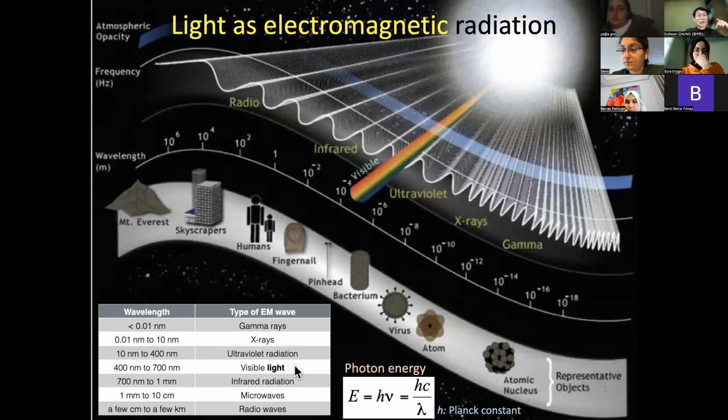And when the wavelength gets longer, we call it infrared radiation. And microwaves, where the wavelength can even be centimeters. And radio waves, where the wavelength can be like a mountain or a skyscraper. So all of these are electromagnetic radiation, and we usually call light the visible range. Hopefully this makes sense.